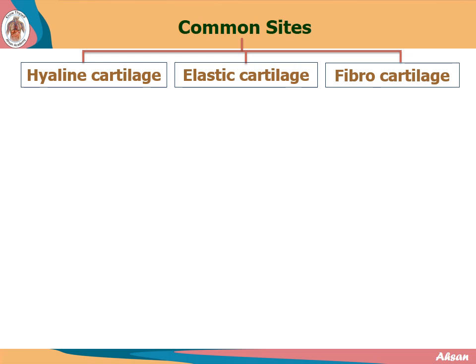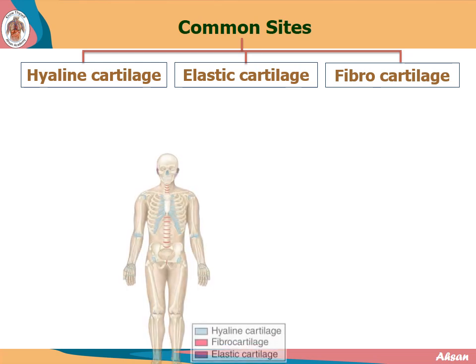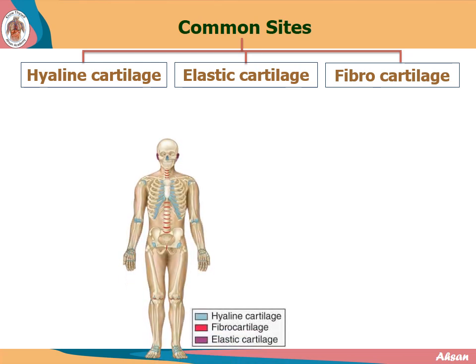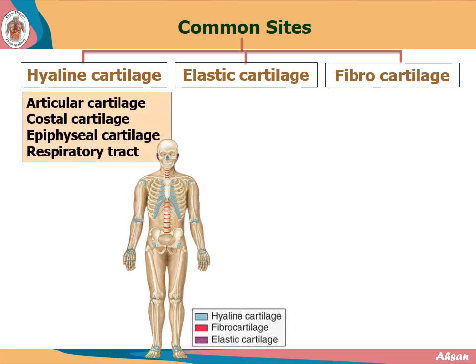Let us discuss the common sites. You see the hyaline cartilage, this skeleton showing, and the sites of the cartilage changing the color. Hyaline cartilage is present at the articular end of the bone. These are known as articular cartilage. At the anterior end of the rib is the costal cartilage.